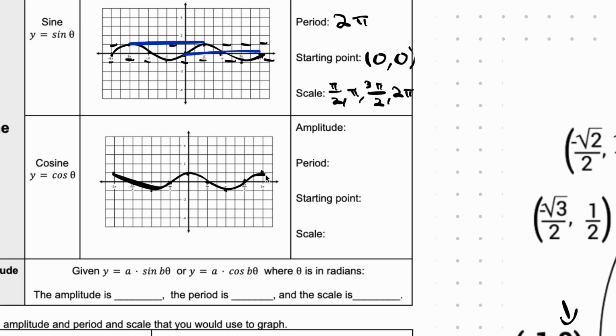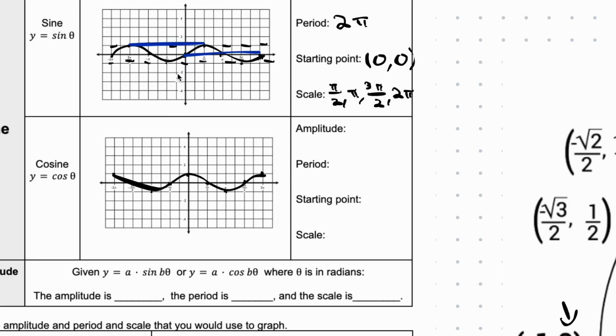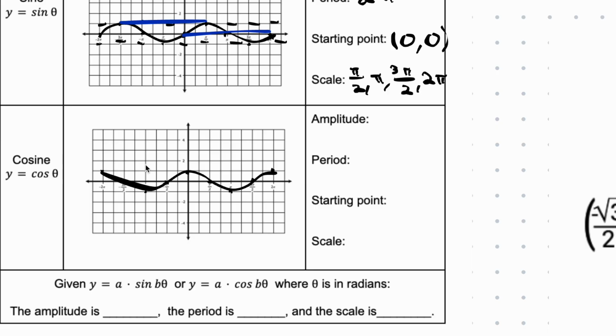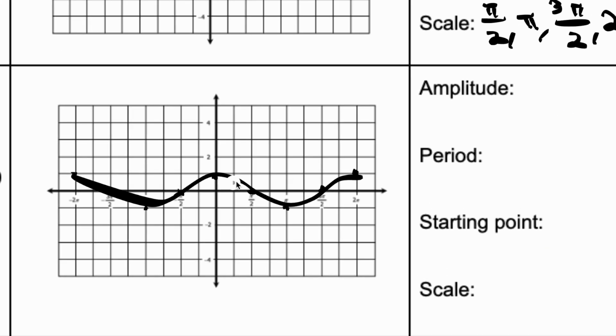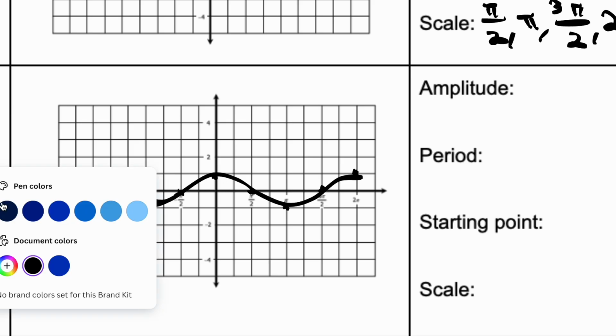We can see that these two are very similar. These are actually going to be the exact same, except they're shifted horizontally. So here, what's our amplitude? Our amplitude is going to be half the distance from our minimum to our maximum. It's essentially just this length right here.